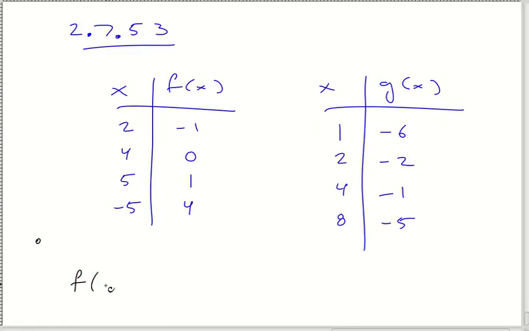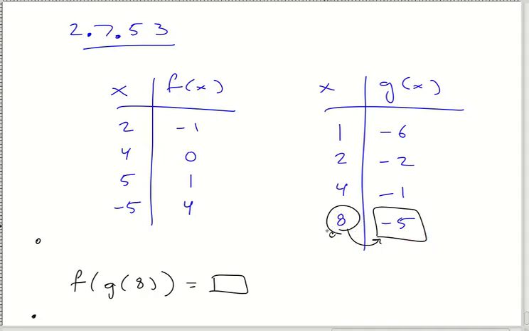I got f of g of 8 is equal to what? Now, I can go super technical on you, but I'm just going to go straight in the hopscotch method, and it's very simple. Start with an 8. Where's your 8? Oh, right there. So, I'm jumping. Now I'm looking around for the next number, and it's going to be -5.